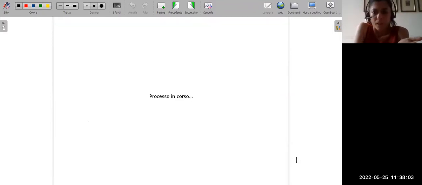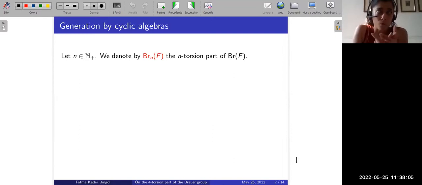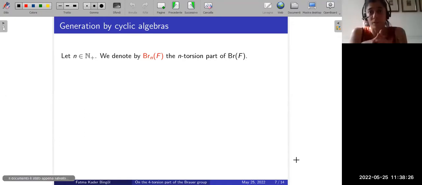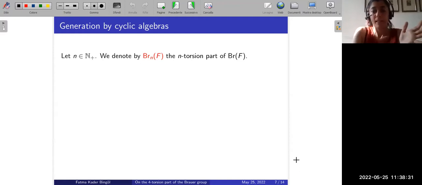Okay, so I already said that the Brauer group is a torsion group. So for an integer n, this is how I will denote the n-torsion part of the Brauer group, Br_n(F). Now I want to give some important results in the theory of central simple algebras related to the torsion part of the Brauer group.